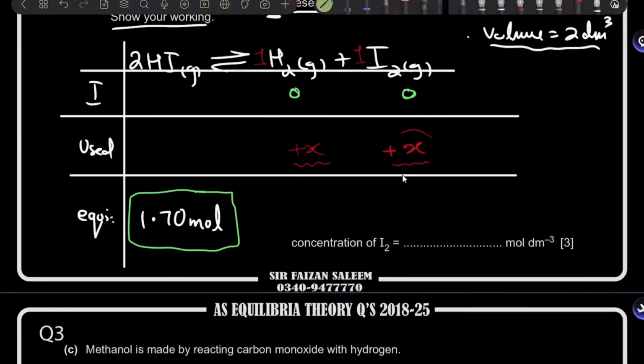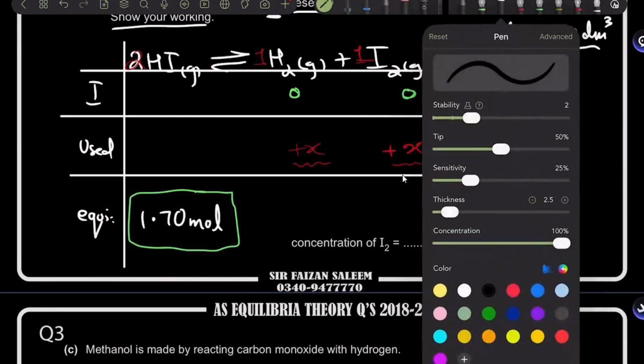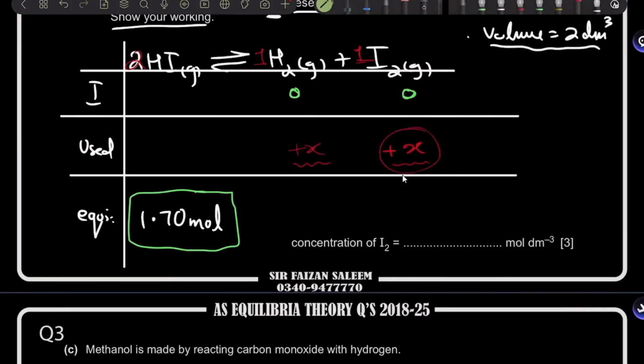But if X moles of I2 were formed over here, and it's 1:2 between I2 and HI, how many moles do you think should be used from the side of HI? 2X. Yep, it should be twice the moles. So if 1 mole was formed, 2 moles have to be used from here. So if X were formed, 2X moles were used from here.